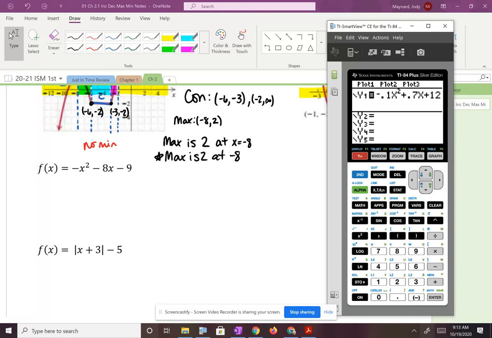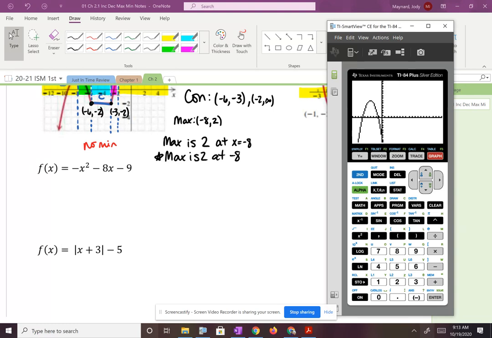So here, I already have stuff in here from dual credit. So if you have stuff in y equals, then go ahead and clear it out. So what we're going to do is go ahead and put that in. So negative x squared minus 8x, and then minus 9. Make sure you're using the minus and not the negative. And then let's graph it.